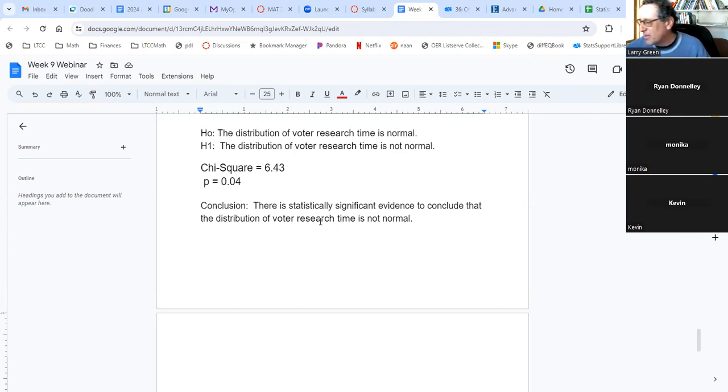And I do want to mention something because most of you made this mistake. When I asked you for the ramifications of a type 1 and type 2 error on the exam, a lot of you did not give me the ramifications. You gave me the definition. So, for example, in the voter research one that we just did, the ramification of a type 1 error is not that we reject the null hypothesis and decide that the voter research time is not normal when it really was normal.